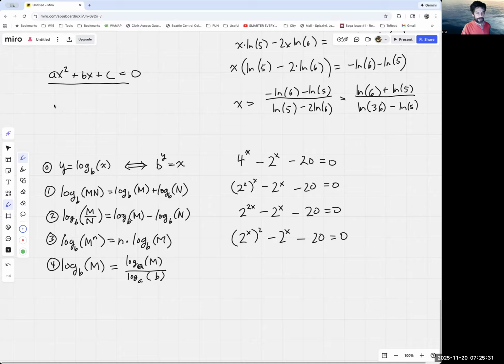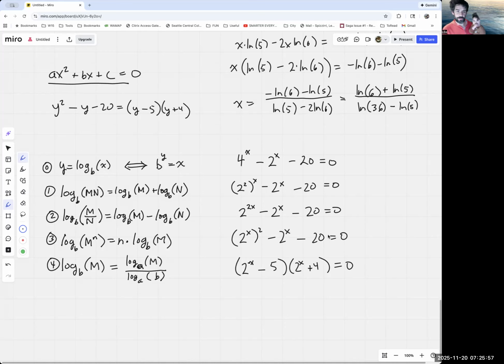For instance, if I had y squared minus y minus 20, I could factor this as y minus 5, y plus 4. Well, if 2 to the x is what's playing the role of y, the same thing applies. So we have 2 to the x minus 5, 2 to the x plus 4 equals 0.